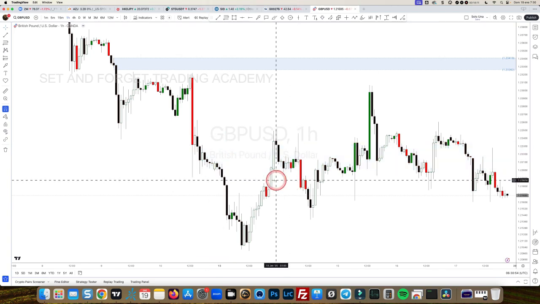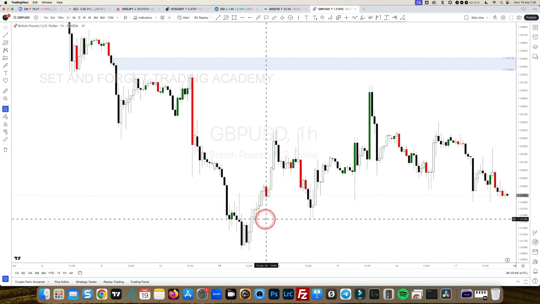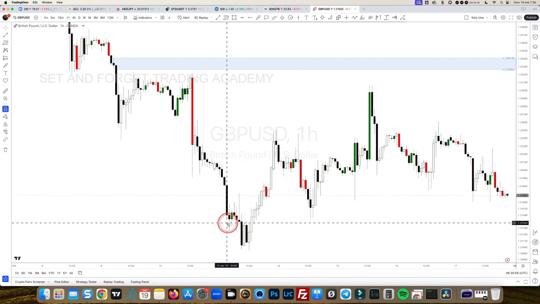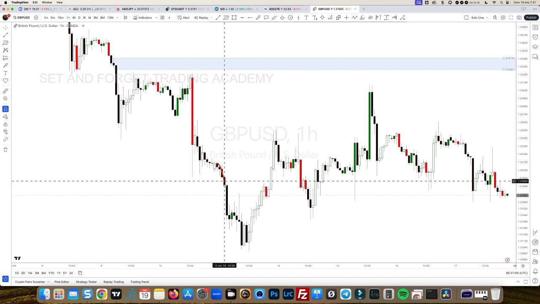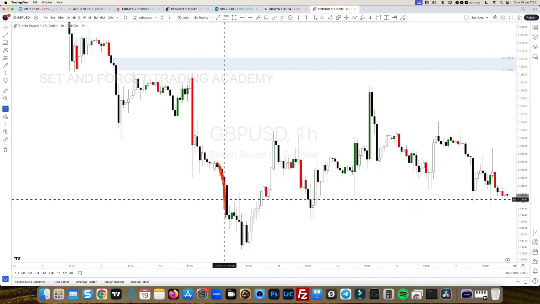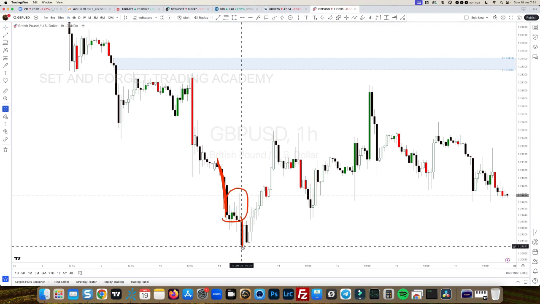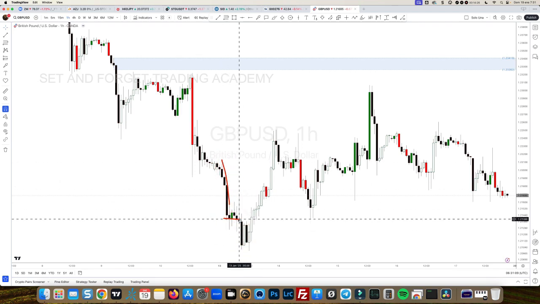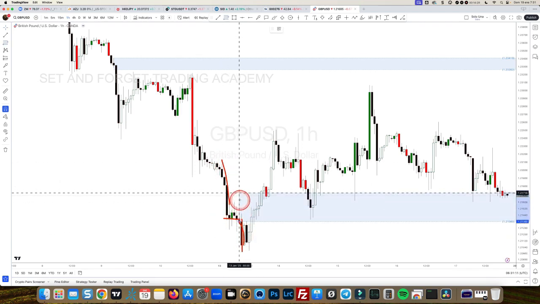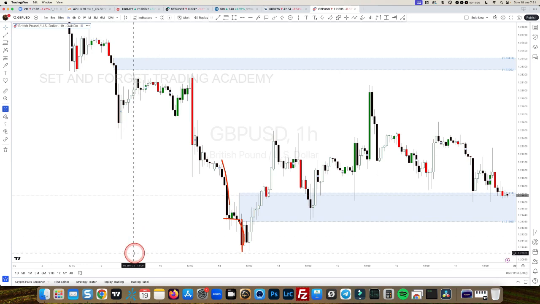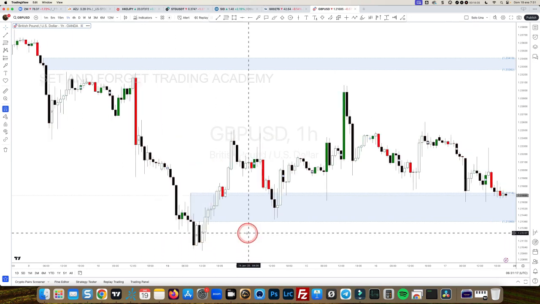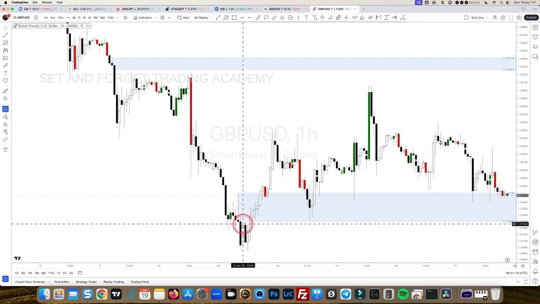So here, like I said, we want another impulse, large ERCs on the 1 hour, basing structure, and then large ERC: leg in, base, leg out, and that happened right there. So the consolidation away happened on this particular candle.